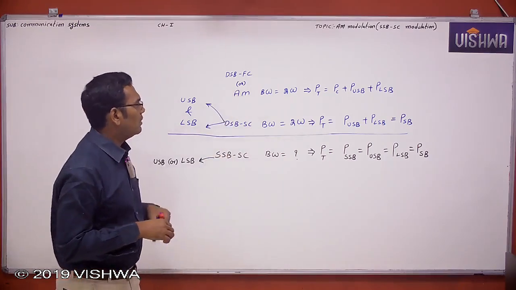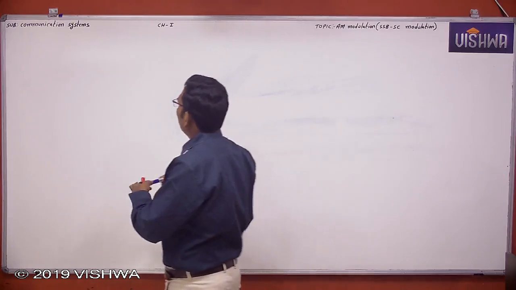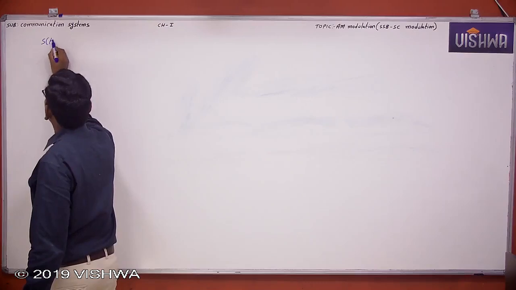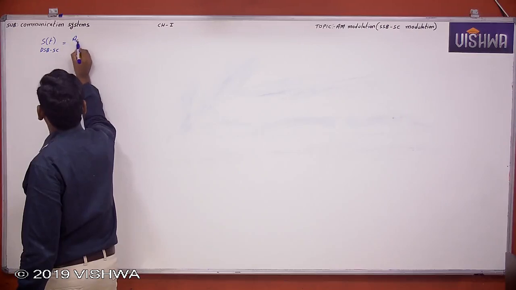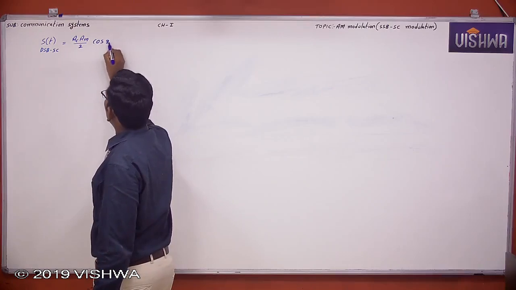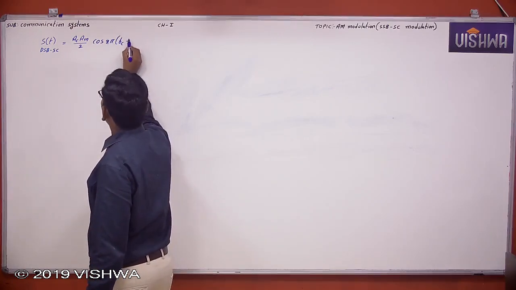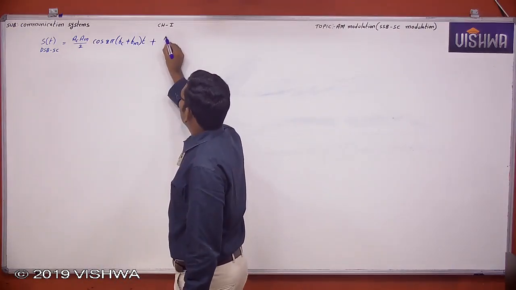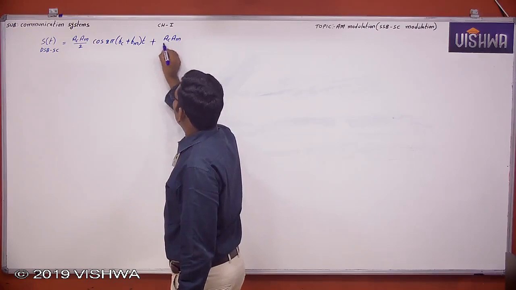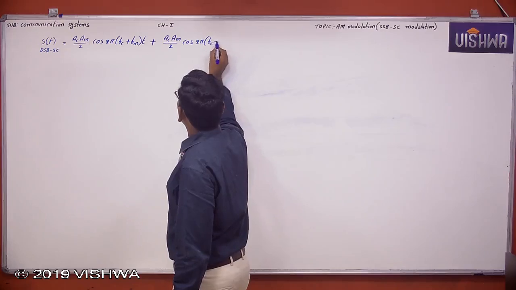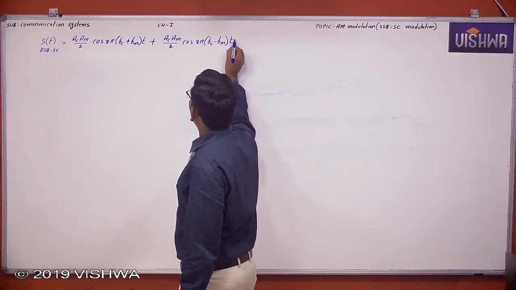Before that, you just write this. The mathematical time domain equation of DSB-SC is Ac Am by 2 cos 2 pi (fc plus fm) t plus Ac Am by 2 cos 2 pi (fc minus fm) t.